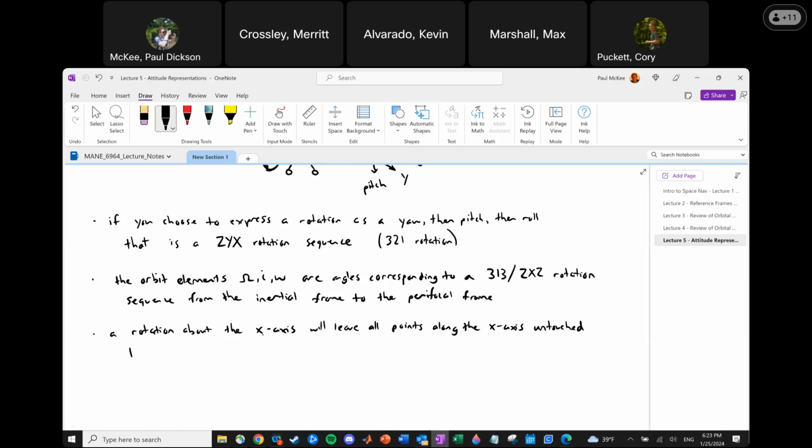The new frame will have the same x-axis, and then same for y and z, which is not news. This is actually exactly what we talked about before.